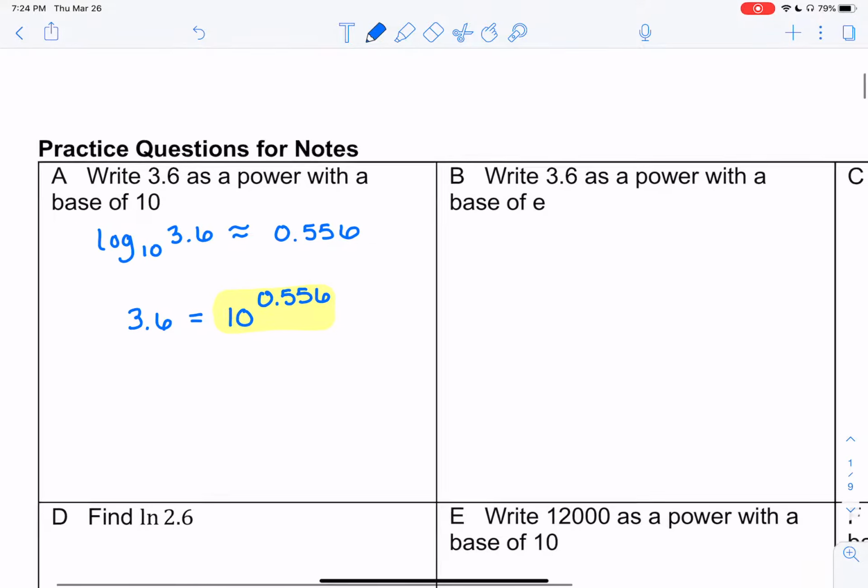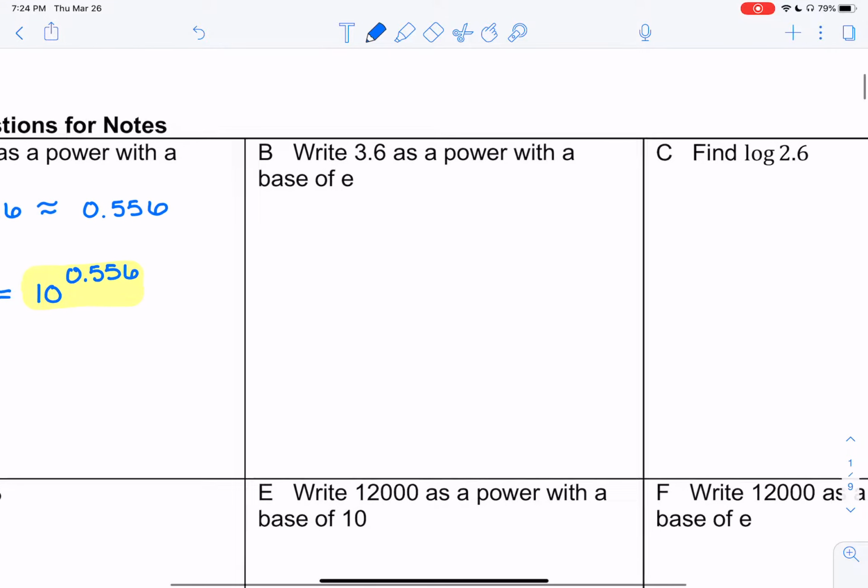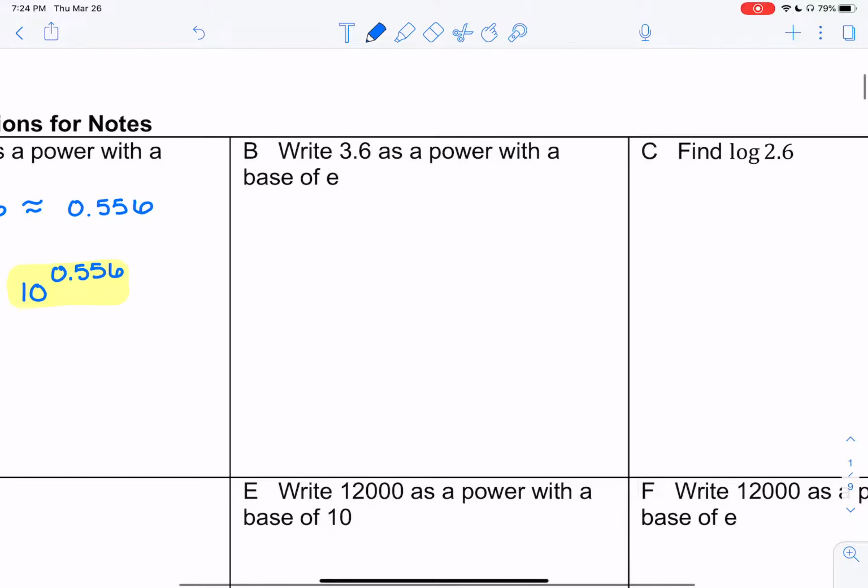Similar question for question B. We're going to find 3.6 as a power when the base is e. When we have a base e, we're working with the natural log, ln, which has a base e. On your calculator, find natural log, type in 3.6 equals, and you should get a decimal approximately 1.281.